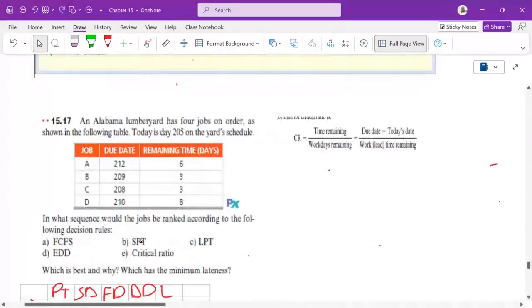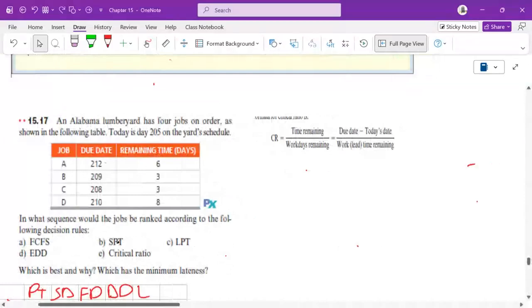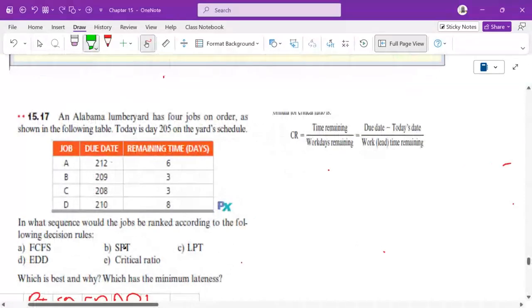As I say, in a test, I give you what I want. Like I'll say, do critical ratio, because these things have a lot of marks. Therefore, I cannot make you do all of them. Today's date is for CR1.